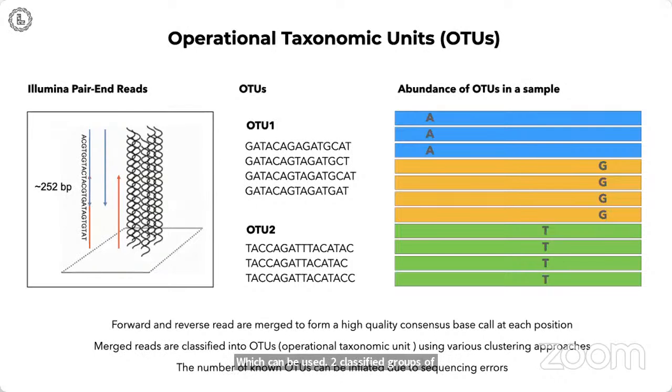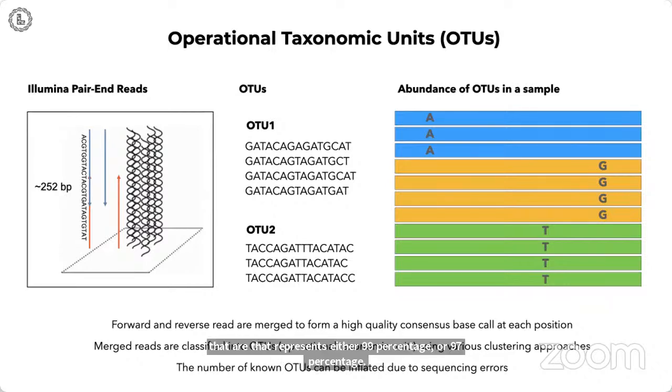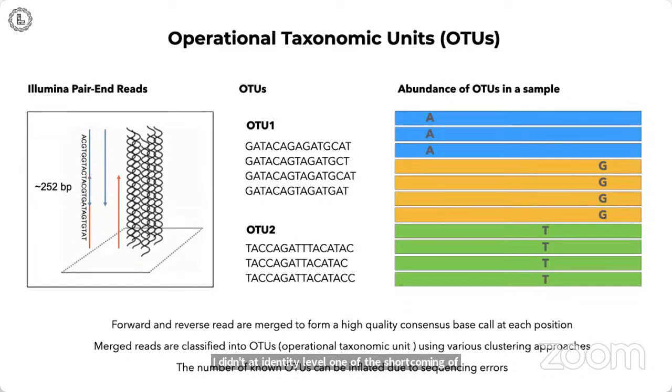So these OTUs are identified by clustering the sequences that represent either 99% or 97% identity level. One of the shortcomings of such a method is that we may end up pooling two or more different species or genera of closely related bacteria together.